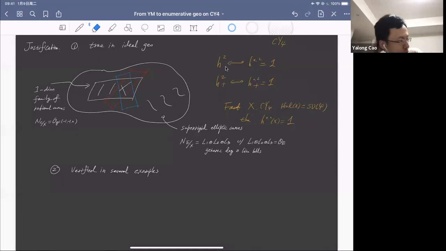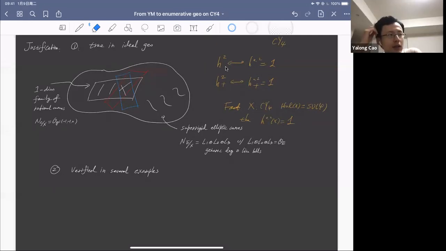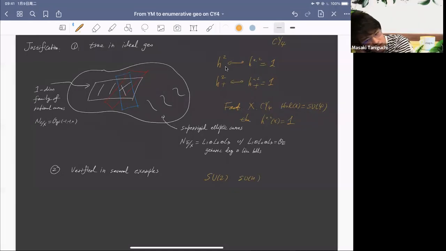Sorry, can you say the question again? Do you mean the degeneration formula or gluing formula? No, the structure theorem, the Kronheimer-Mrowka structure theorem, which relates different instanton numbers. Okay, I see. I think this case is a little bit complicated, because on real four manifolds, usually you consider SU2 or SUN case. Let's say SU2.